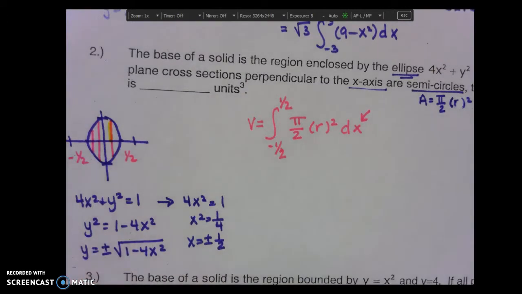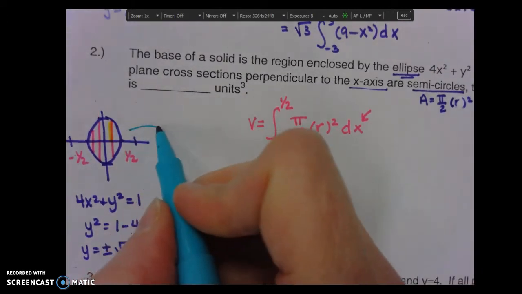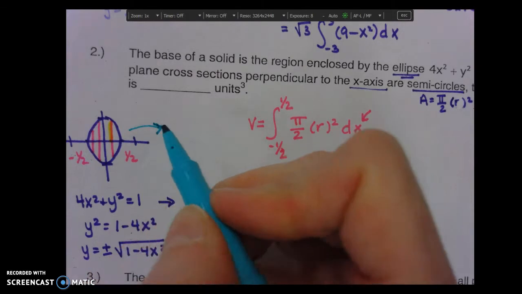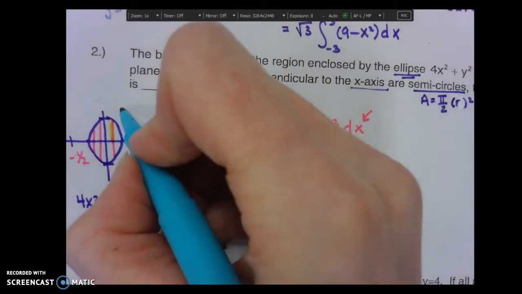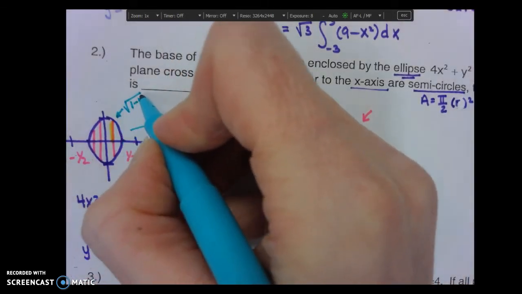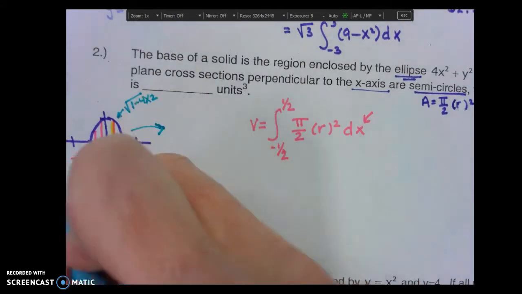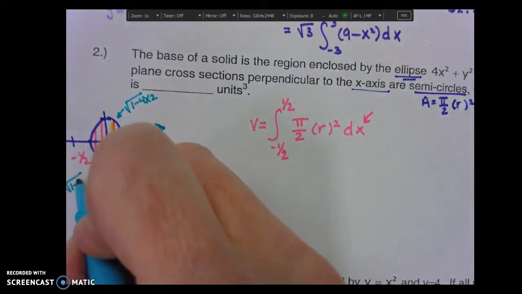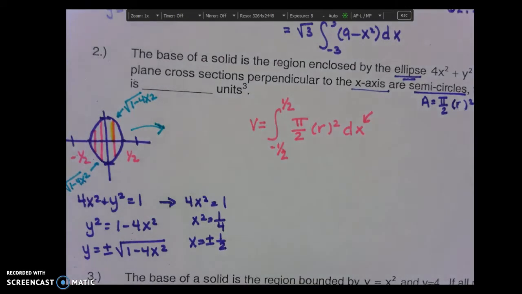So our radius really only has a length of, by the way, in case we didn't know, this is the square root of 1 minus 4x squared. This one is negative square root of 1 minus 4x squared. Refer to the previous video if you needed help on that piece.